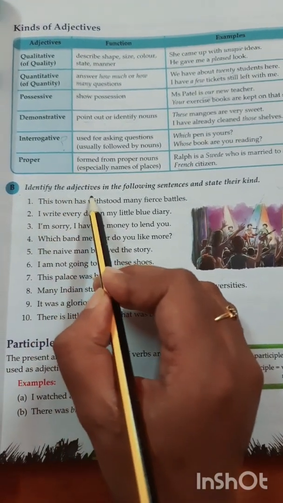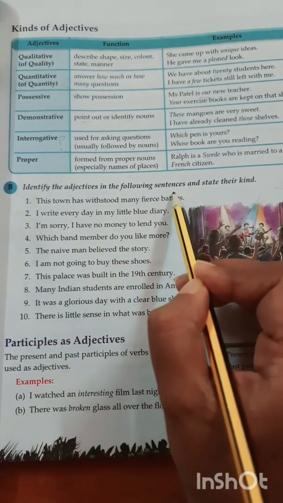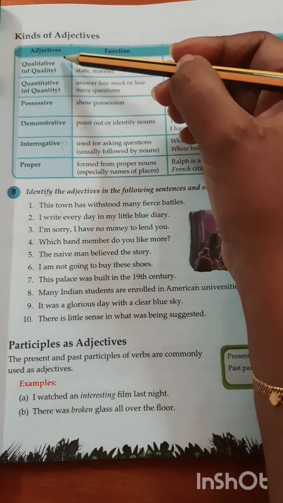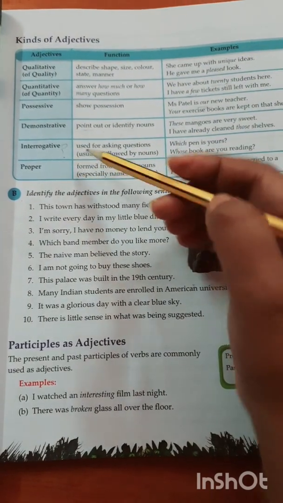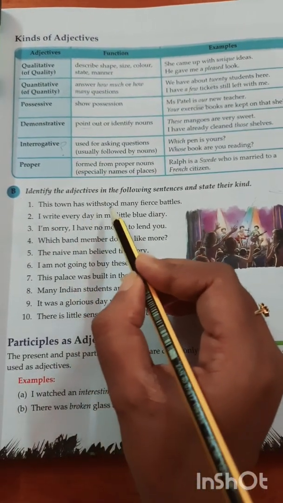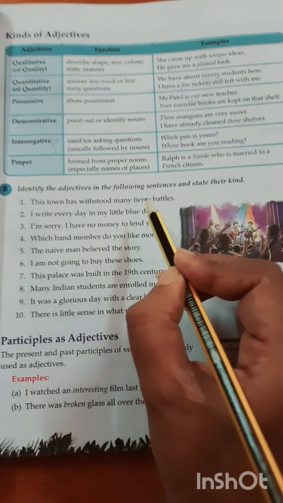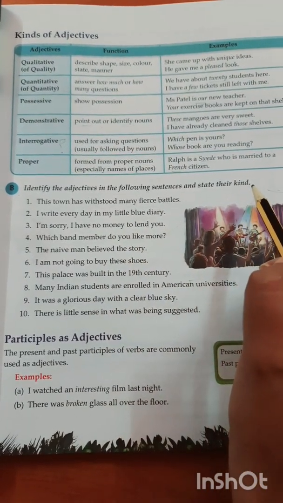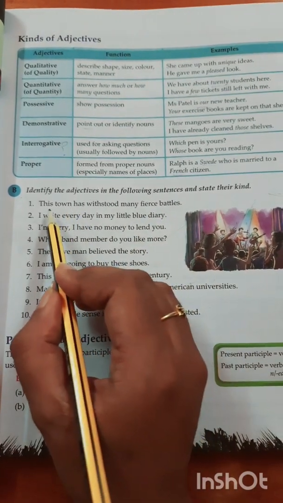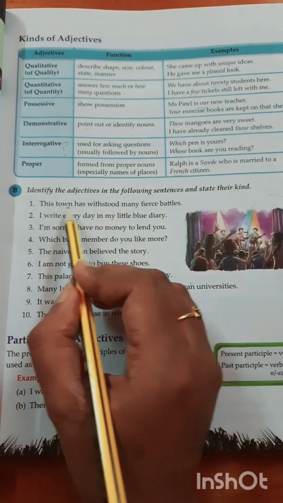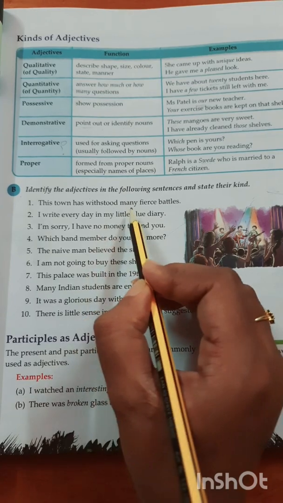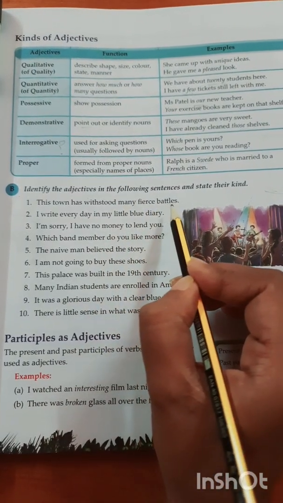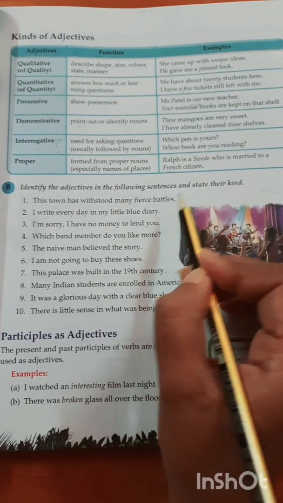Here is question B. Identify the adjectives in the following sentences and state their kind. You know the kinds of adjectives, so you are going to identify the adjectives and then state which kind each is. For example, the first one: this town has withstood many fierce battles. Battles is a noun, described by fierce. So fierce is the adjective here.